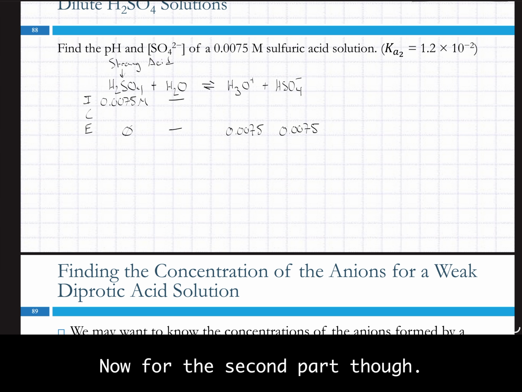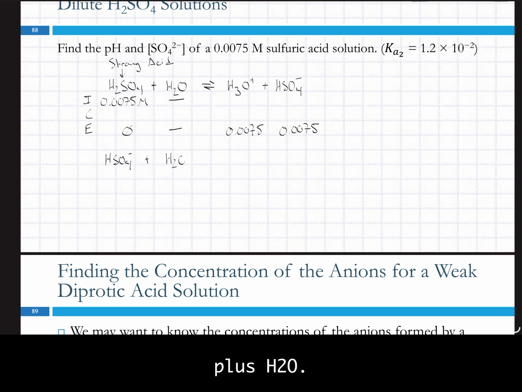Now for the second part though, I'm looking at HSO4 minus plus H2O, giving H3O plus and SO4 2 minus. So I have 0.0075 molar of HSO4 minus.